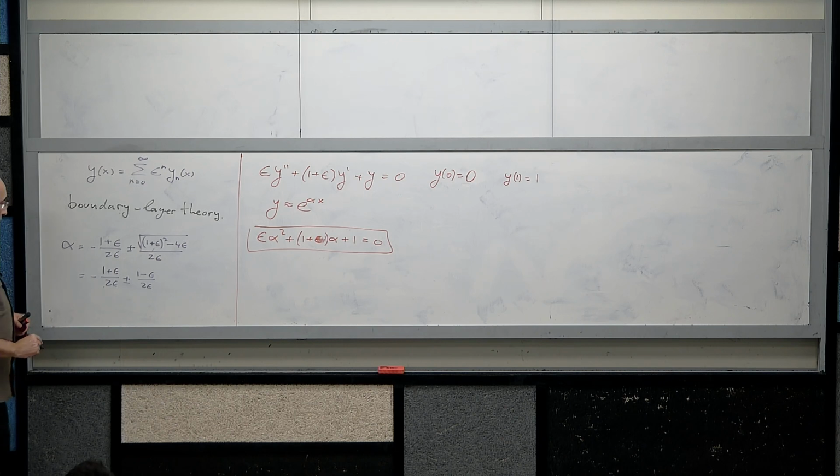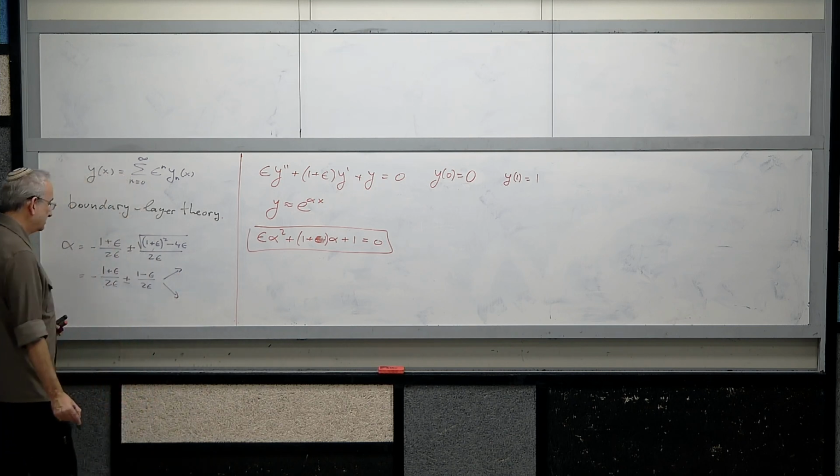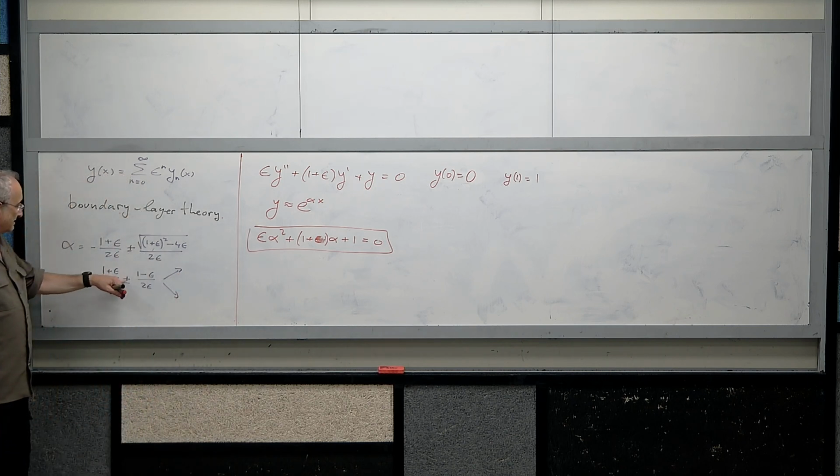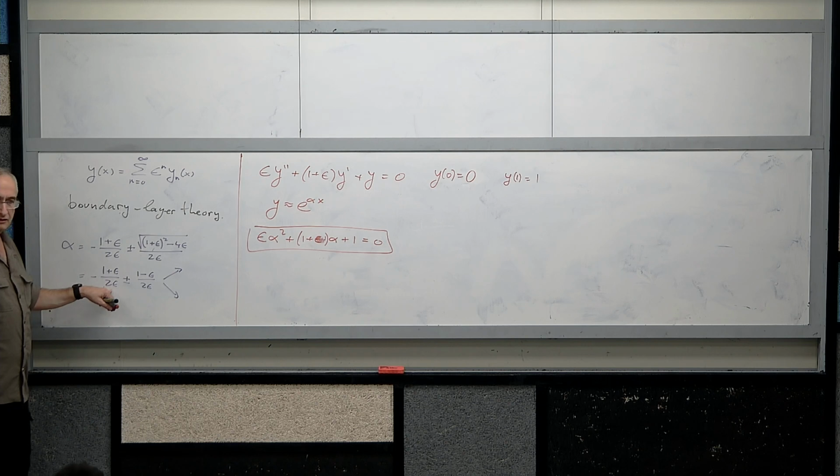Okay? So what are the possibilities? If I'm taking the plus, there are two roots. If I'm taking the plus, then I have minus 1 minus epsilon plus 1 minus epsilon. So I get minus 2 epsilon, and minus 2 epsilon divided by 2 epsilon is minus 1.